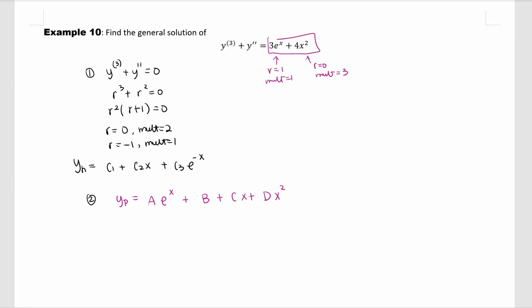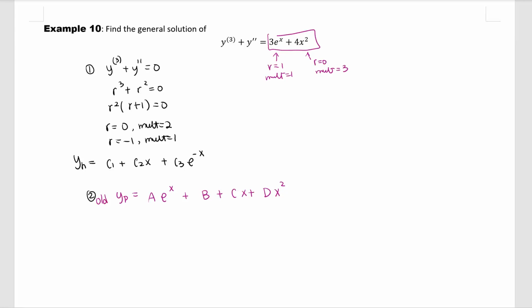So this is the old setup. Because you see 0 appears here, this is the old setup. Then we find the new setup. So what is our new setup?